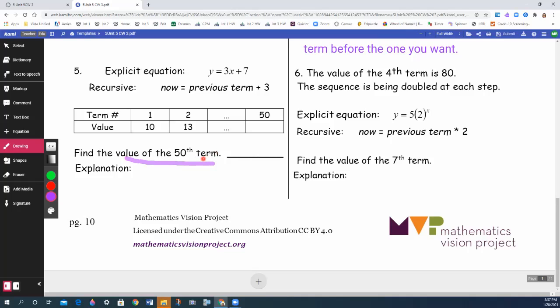Now, if I knew the 49th term, I would do my recursive. But since I don't know the 49th term, I am going to do explicit. Otherwise, I'm going to have to keep adding 3 over and over again from the second term on to get up to 50. And I don't want to do that. So I'm going to use explicit here.